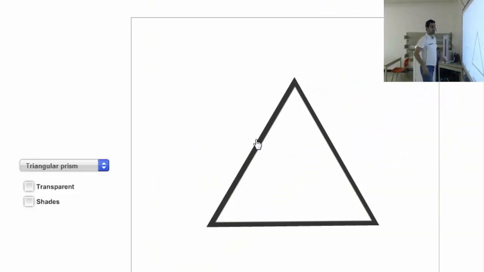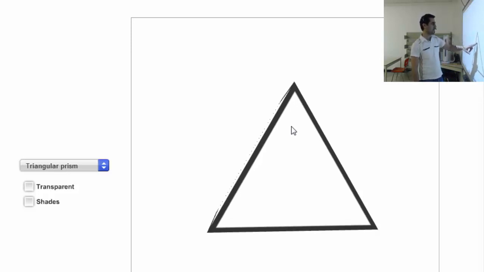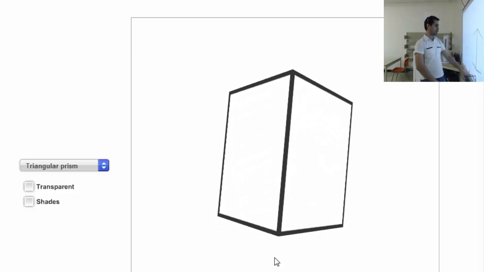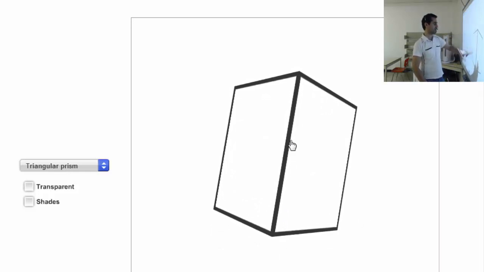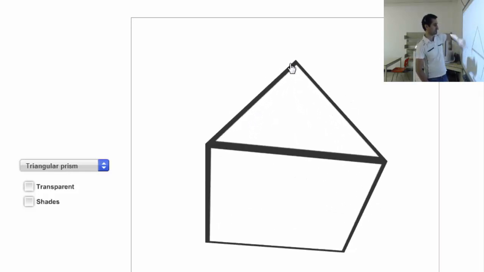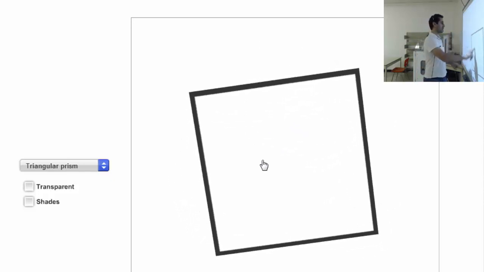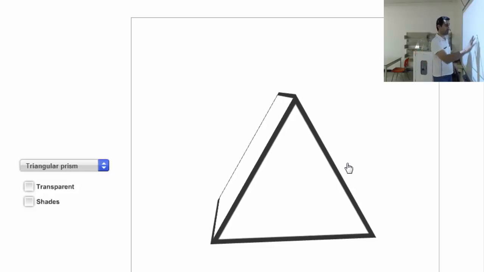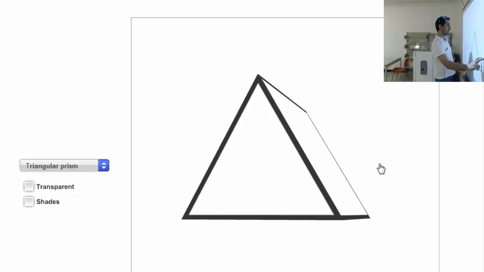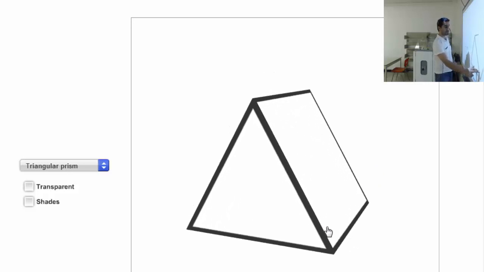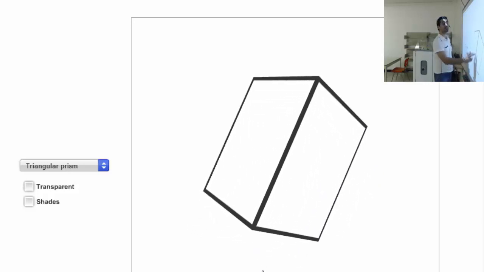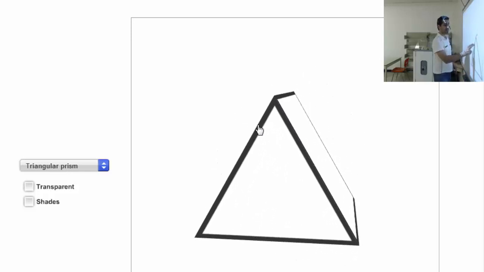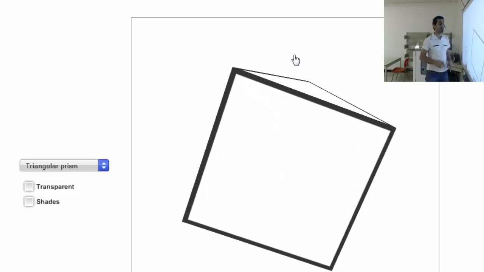So over here we have a triangle, and I'm going to put it like that, and on top I can turn it so this is a triangle. Over here we have a triangle, over there we also have a triangle, and straight lines go up. So this is a prism. Over here we have a rectangle, but it doesn't matter.